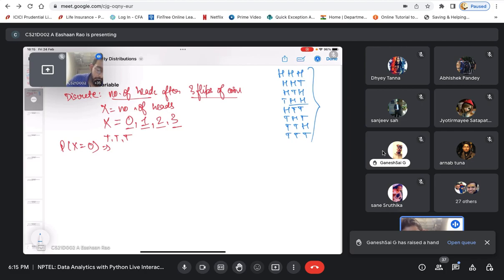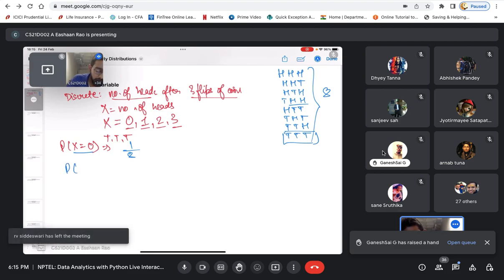So when x is equal to 0, that means no heads are given, which is only tails. Out of the 8 sample space, only one time it's occurring, where all 3 are tails, that means no heads. Similarly, if x is equal to 1, only one time a head came during flipping.